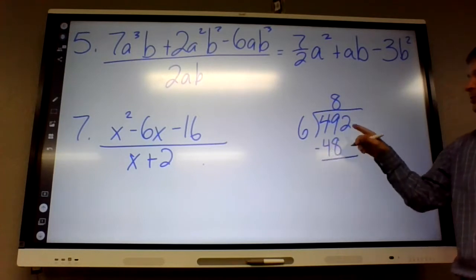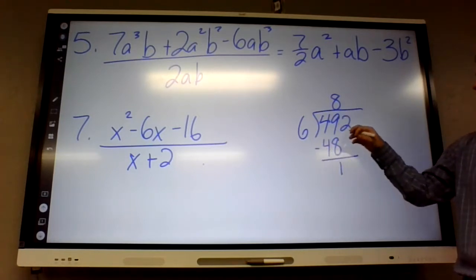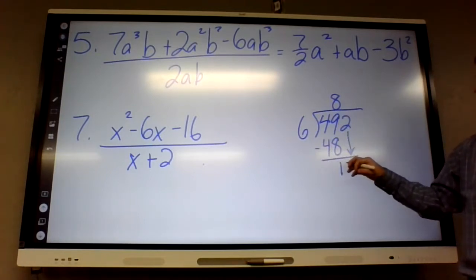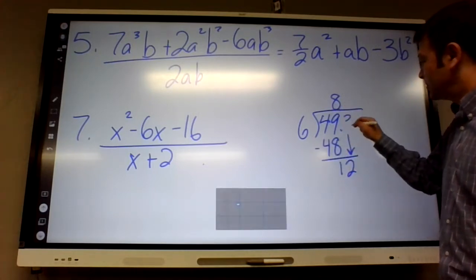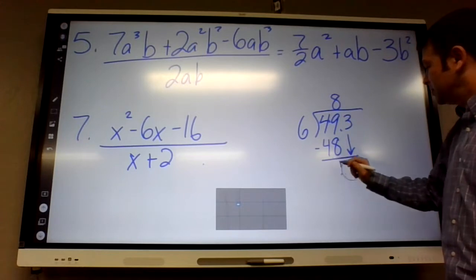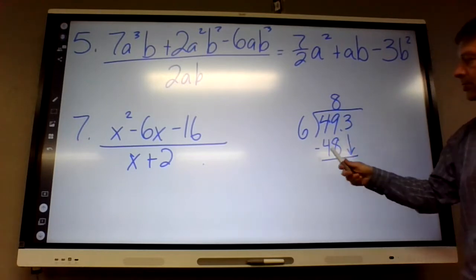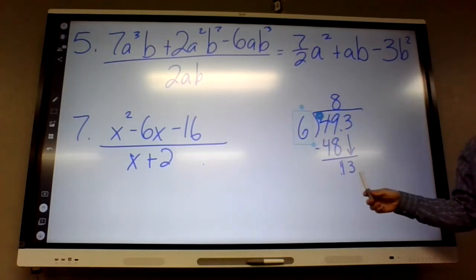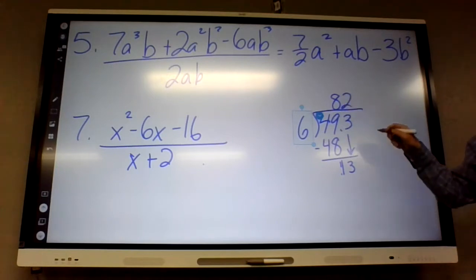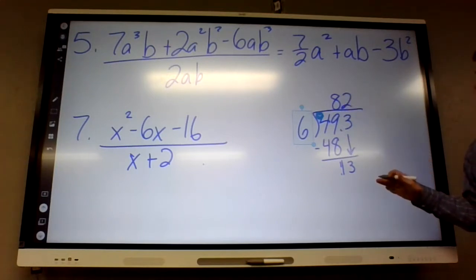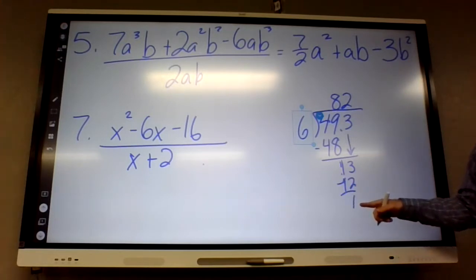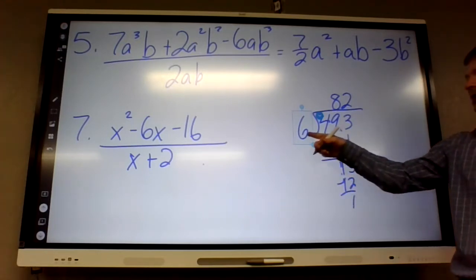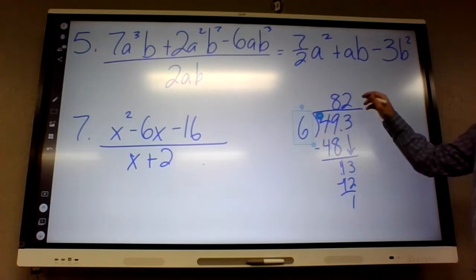You subtract down, then you bring the next number down, and then you start over. Actually, let me make it so it has a remainder here. We're remembering how to do long division. How many times does 6 go into 13? 2. Okay, the remainder is 1, right? Sometimes we put the remainder over the divisor, like 1/6.